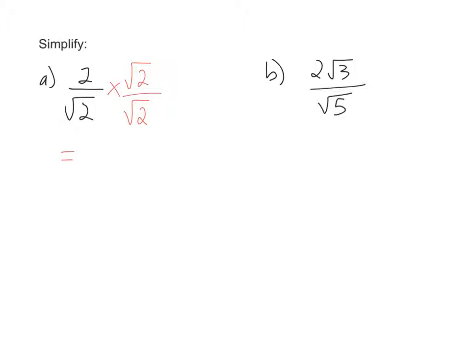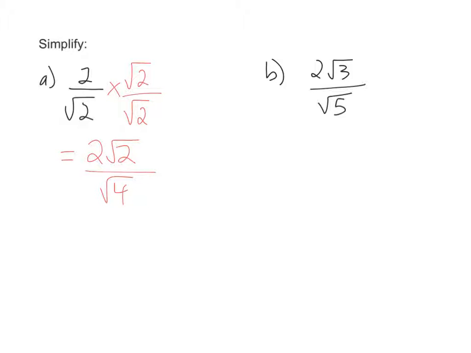And when we do that, when I multiply fractions, it's numerator by numerator, denominator by denominator. So it's going to be 2 root 2 over root 4, right? Or 2. Yeah.